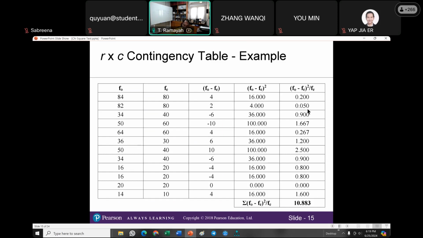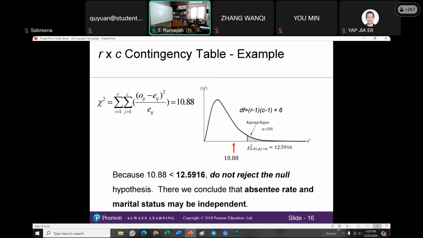So after we have calculated all the 12 values, we will total them up, which is called summation. The summation gives you a chi-square value of 10.883. So once we get this value 10.883, this is what we call the calculated chi-square value.